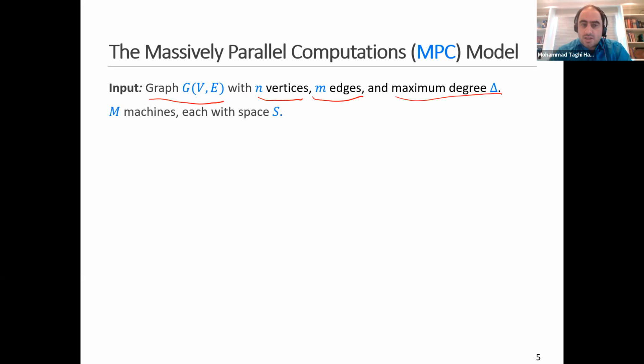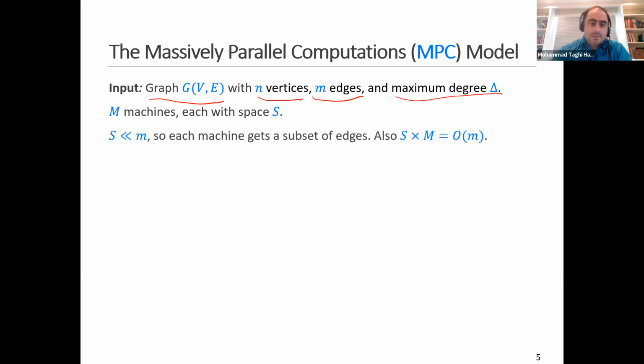You have m machines, each with a space S. We are assuming that the input you cannot put all in one machine. So we assume that S is much smaller than m. Like m is the input, n vertices, m edges. So m can be large. We are assuming the space per machine is much smaller than m.